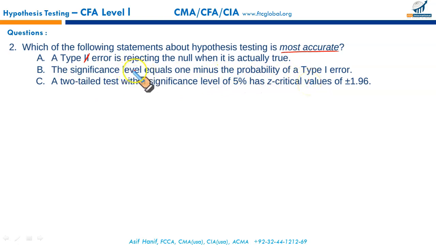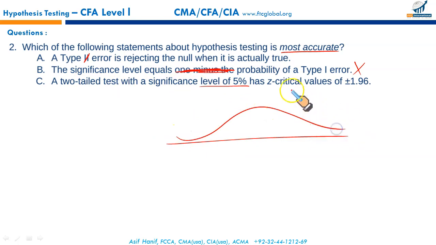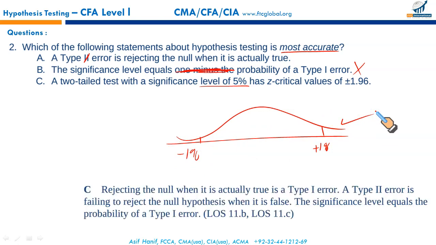The significance level equals the probability of type 1 error. So it is incorrect as well. A two-tailed test with a significance level of 5% has z critical values of plus 1.96 from the mean and negative 1.96. That is true. We've just done it a little while ago. So that makes C your correct option.